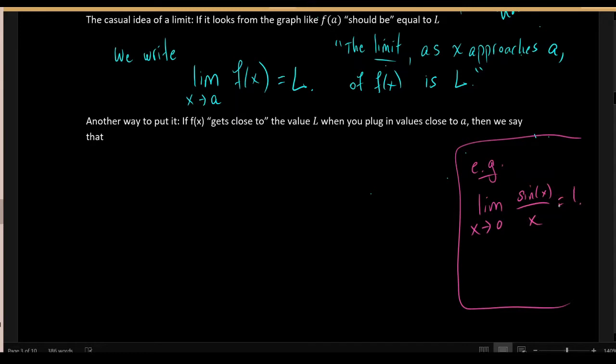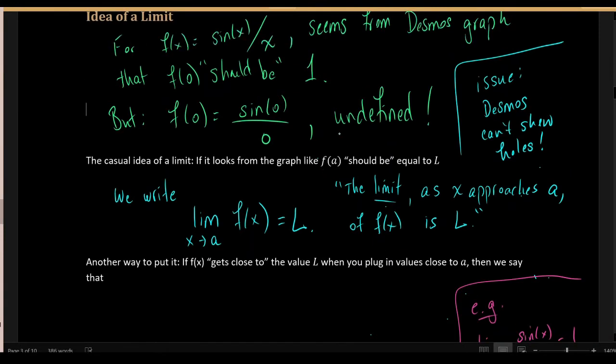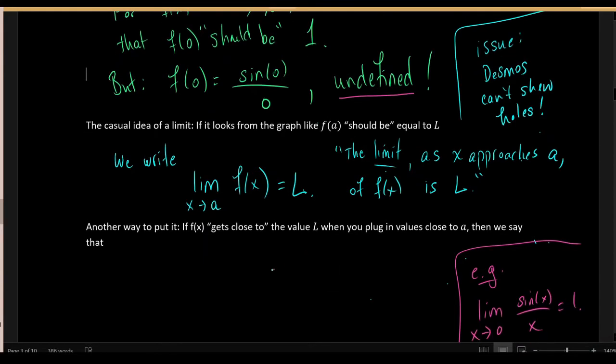Because looking at a computerized graph, it really seemed like f of 0 should be equal to 1. And it would be equal to 1 if only there were not this pesky hole in the graph, which is so difficult for computers to properly display.